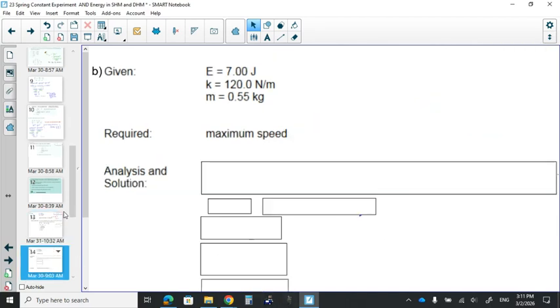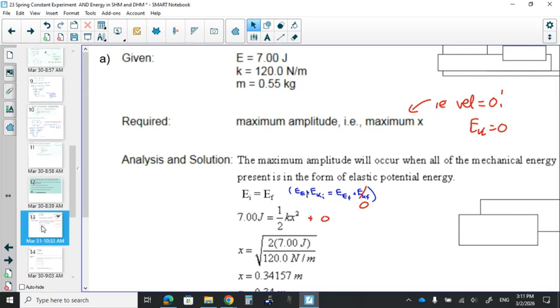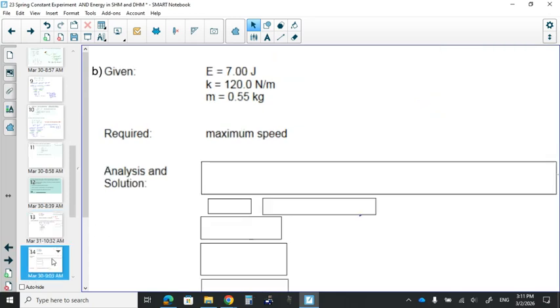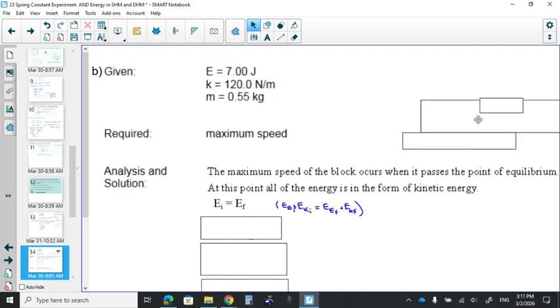Okay, so same kind of thing for this next one. We've got, what would the maximum speed be? Well, that's where you're going to make all of the energy be kinetic, right? So I have an initial and a final idea again, where we want maximum speed. So the elastic potential energy is going to be 0, right? And so in this case, that one's gone.